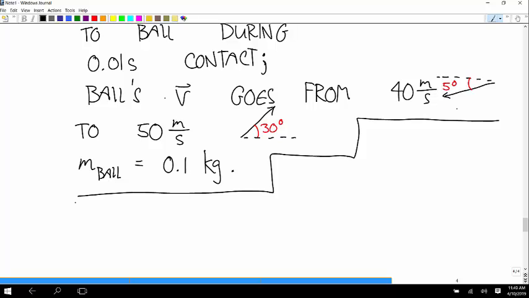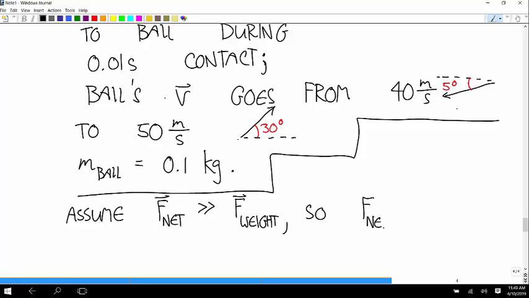Let's assume that F net is much bigger than the force of the weight on the ball, so we're going to assume that the net force is pretty much just the contact force. That's a pretty common assumption.